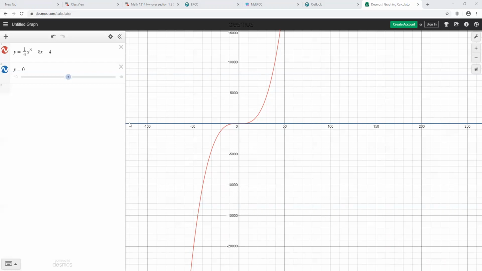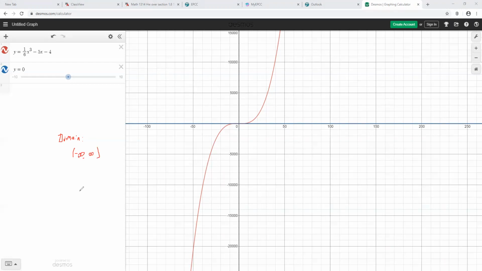Negative infinity all the way to positive infinity. Excellent. The domain would be, depends how we write it, but in interval notation, negative infinity to positive infinity.